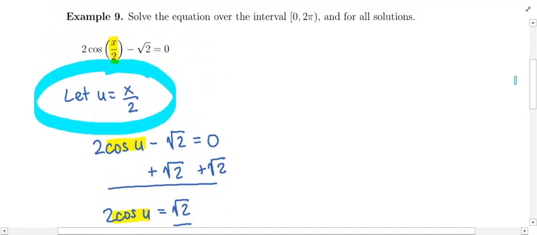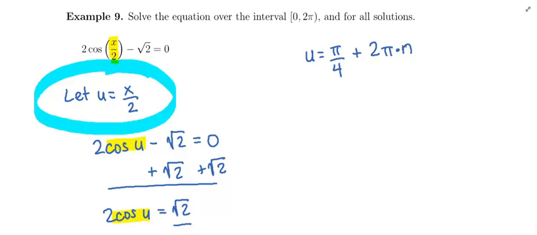So I'm going to come up here and write that u can be pi over 4. I'm going to do these separately, so I'll make another statement for 7 pi over 4. I am going to go ahead and add integer multiples of the period. You have to do it at this point, or the all solutions part won't come out correct.